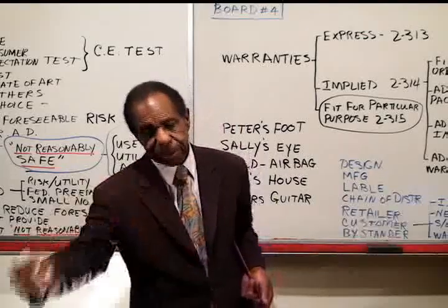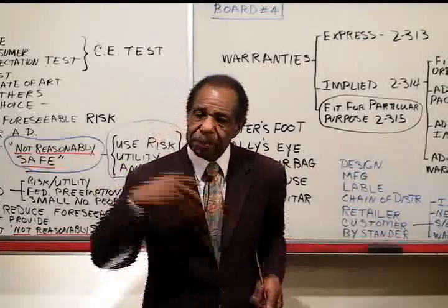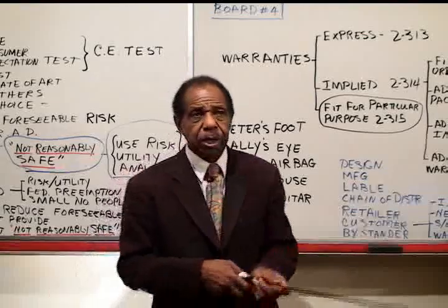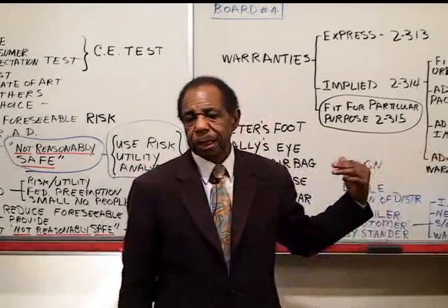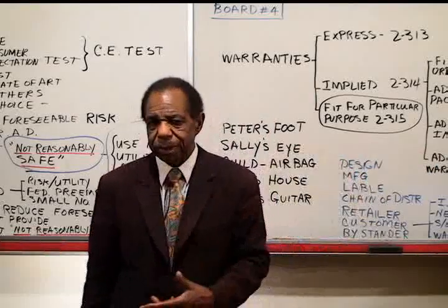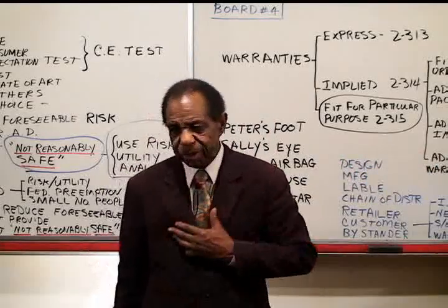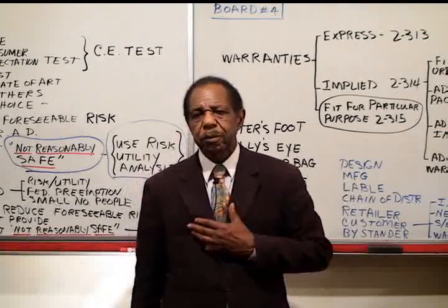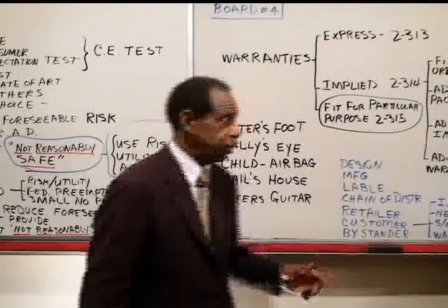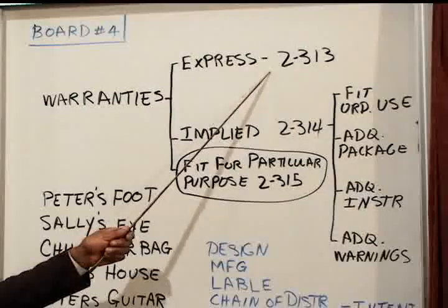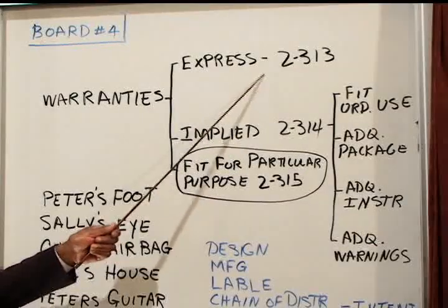And if it was intended to reach the purchaser, I am making that promise to the purchaser, even though I'm the company out in some other part of the world, and they tell the world that this product is safe. That's intended to reach me, the purchaser. And so they're making the promise to me, and if the product is not safe, I can sue them for breach of that promise. That's 2-313, more fully covered on the video on that.